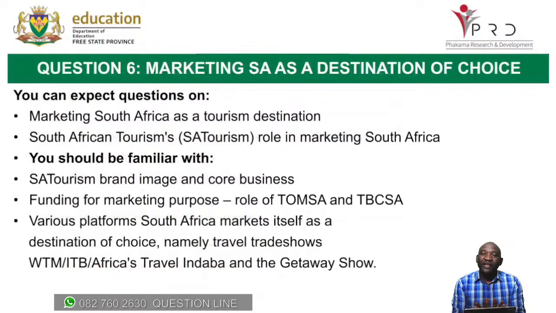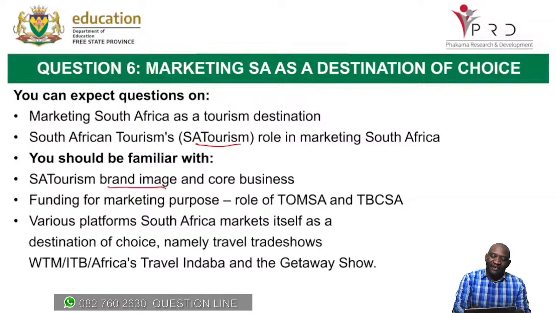And I'm going to try to help you to understand what is the information that these question papers or the examiners are actually looking for. And you have that information in front of you. In this question, as we have said that we are going to answer questions based on marketing South Africa, the role of SA tourism, brand image, the role of TOMSA and TPCSA.